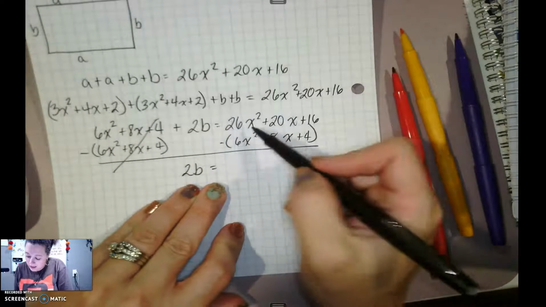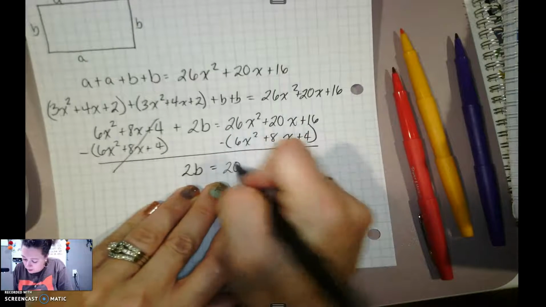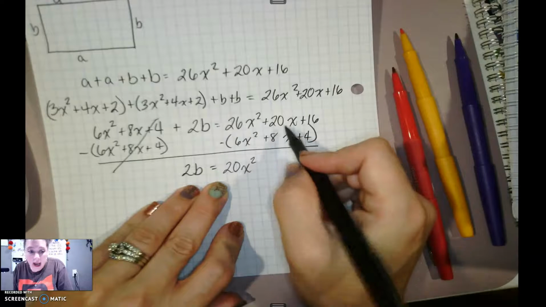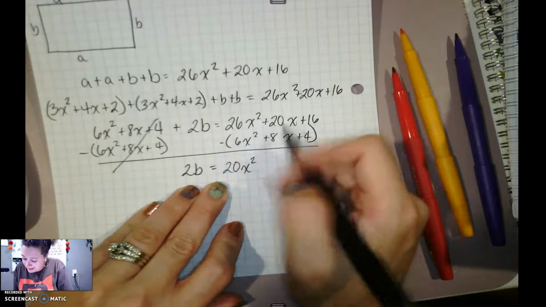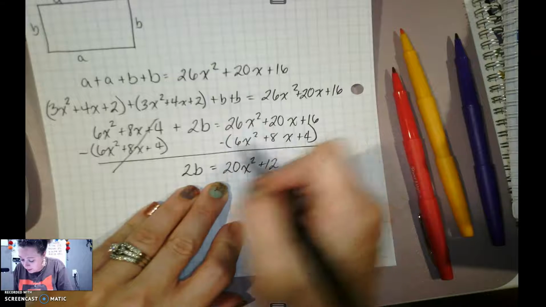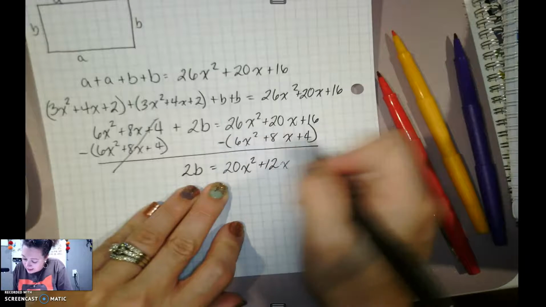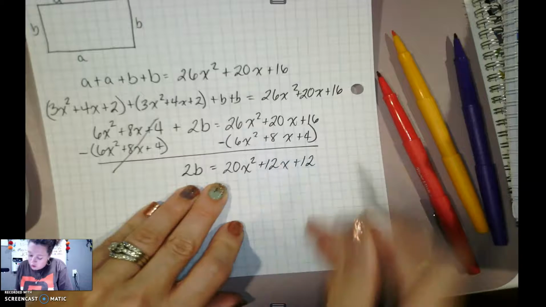Now I'm going to subtract. What is 26 minus 6? Yes, it is 20. So we have 20x squared. And then we have 20 minus 8, which is 12. Yes, there's a plus sign here, but remember, it's out here. There's my minus. And then we have 16 minus 4, which is 12.